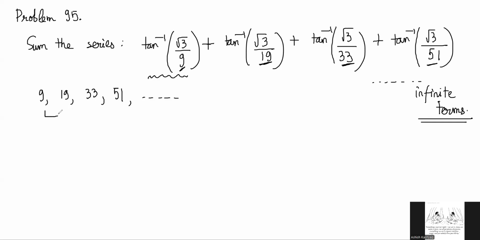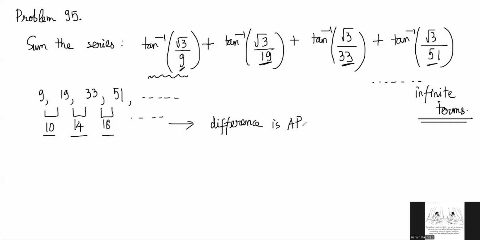If you take the differences, the differences are 10, 14, 18, and so on. So the difference of these terms is going to be an AP. You can see 10, 14, 18 is an AP.